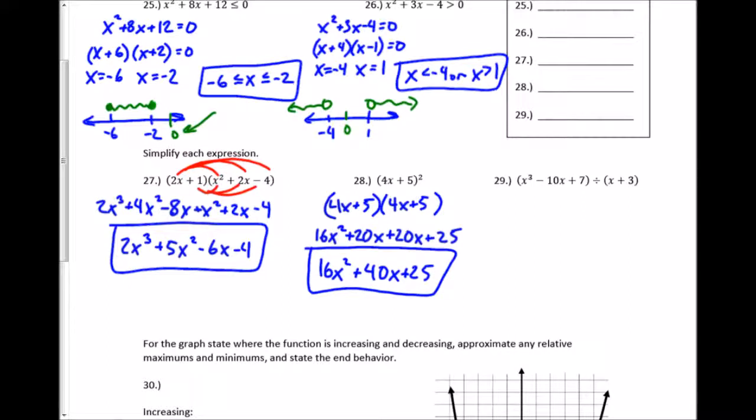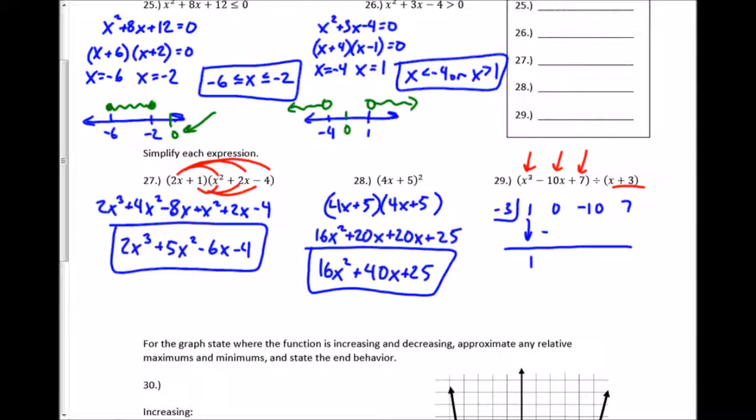For this one, I want to do division here. And if I want to divide these two, I'm going to use synthetic division. So I take the opposite of this guy and put it inside my box, negative 3. Now I have to write down my coefficients in descending order. So like here I have a 1, a negative 10, and a 7. But I'm missing the x squared term, so I have to put a 0 in its place. So 1, 0, negative 10, 7. And now I bring down this first term.